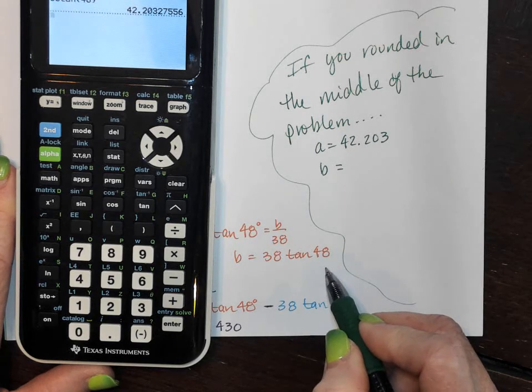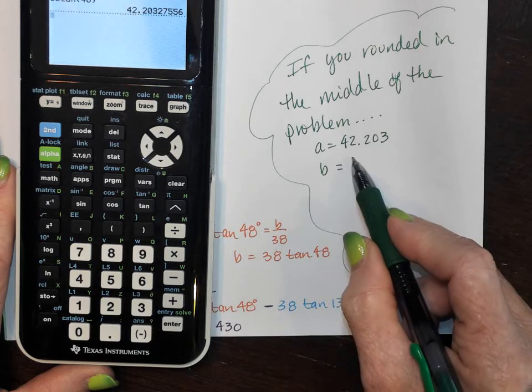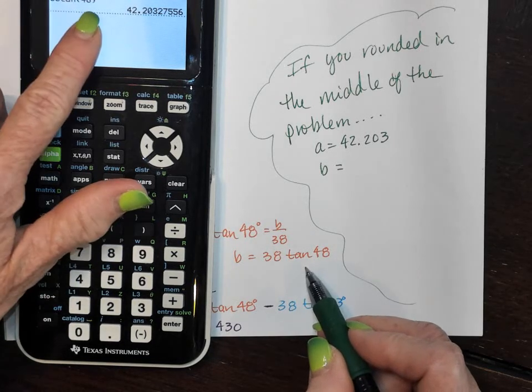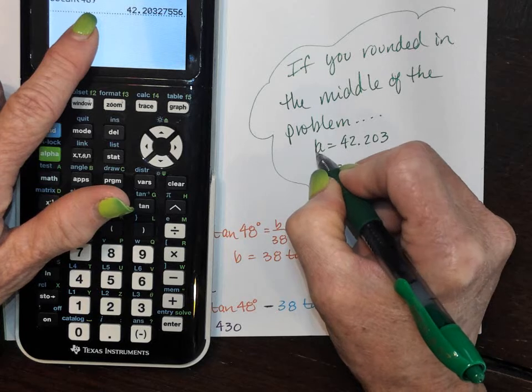Uh-oh, I think that was my B. That was my B, 38 tangent 48. I'm so sorry.